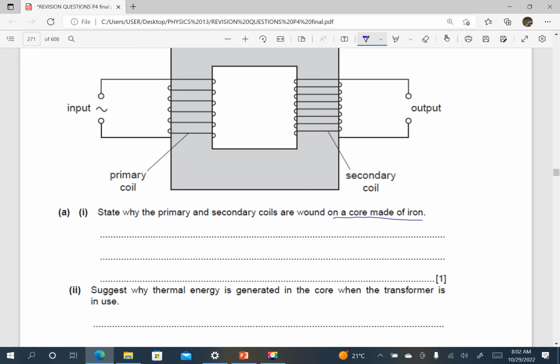So this is to improve or increase flux linkage, or to reduce flux losses. So that means it minimizes power loss.